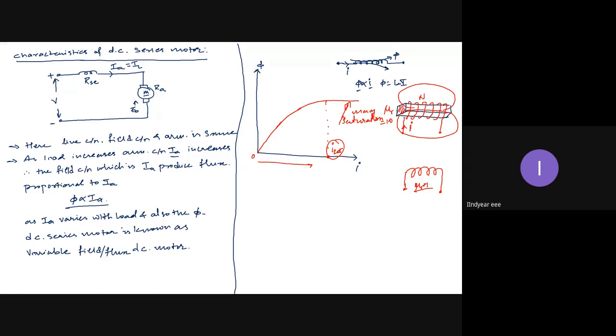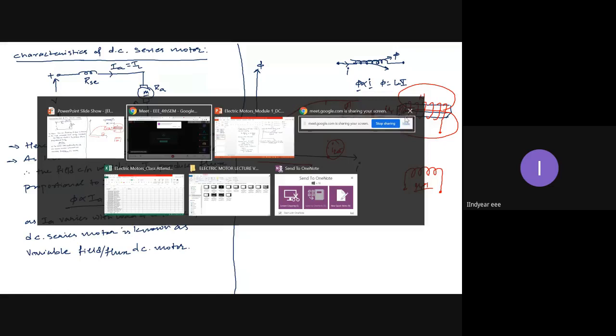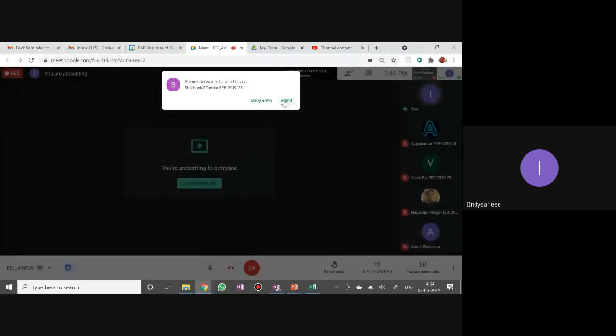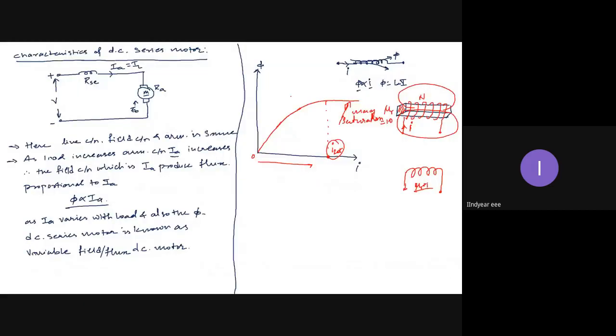All the molecular magnets in the iron core will be oriented in one particular direction because of the direction of the current producing the field. Once all the molecular magnets orient, there are no further molecular magnets to orient themselves and increase the field strength. So the magnetic field strength will remain constant. Hence, we say the core saturates.